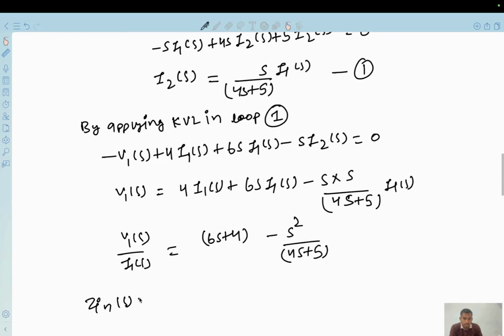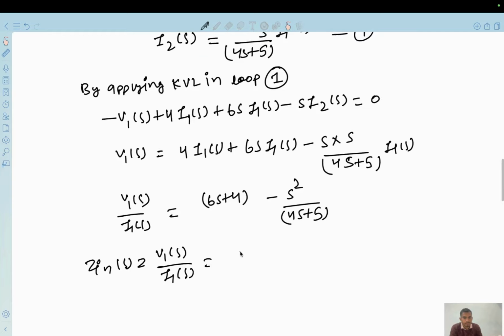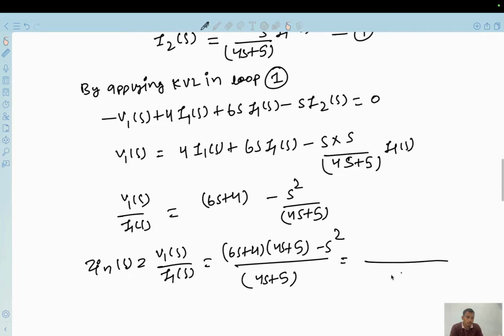Z input S will be V1S upon I1S. It will be 6S plus 4 into 4S plus 5 minus S square. So it will be 24S square plus 30S plus 16S, 46S plus 20 minus S square.